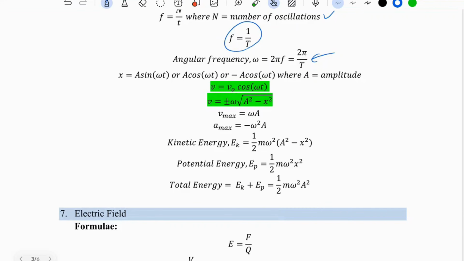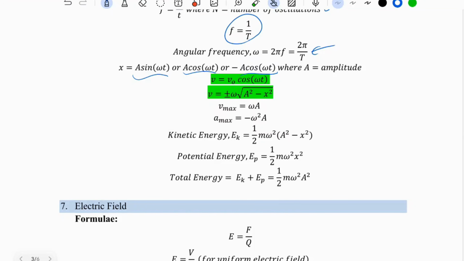Okay, now this equation, the trigonometric equation, where we have 3 types of trigonometric equation depending on where you start your oscillation. Okay? Then the next one, these 2 are given in your formula booklet. So basically this is the derivation of the first one, where you differentiate x, because when you differentiate x you get dx/dt, right? dx/dt is velocity.